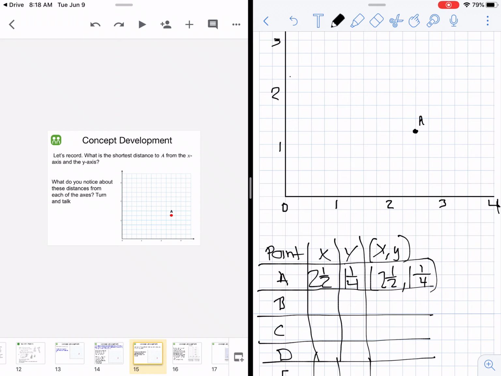Okay, so B is going to be here. Here is my B. Go ahead and write the coordinates of that in your table.